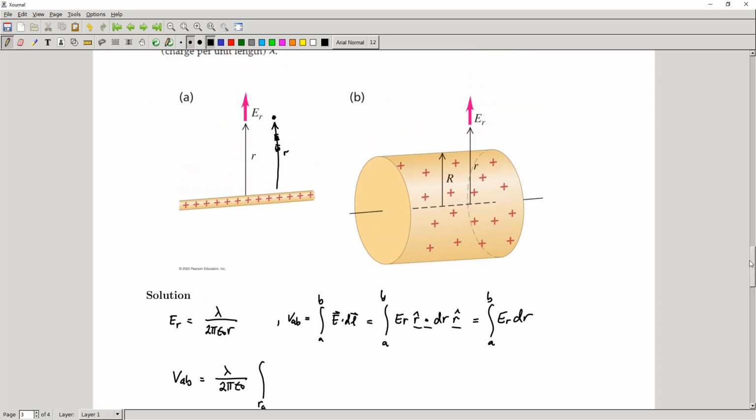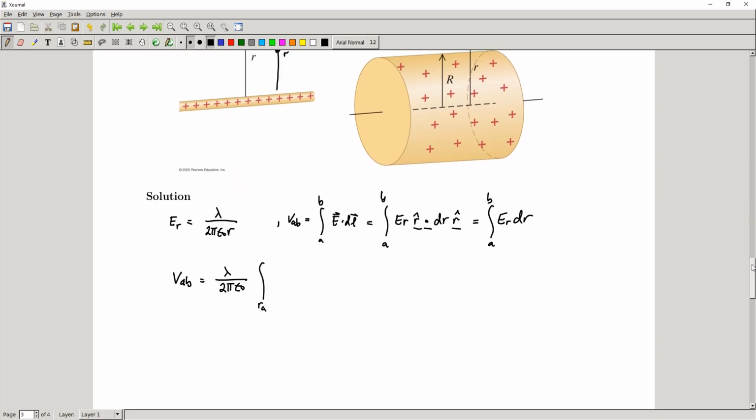Let's say we're interested in this point here, which we call A, and our point B is some point far out here, which we call B. So we're integrating from r_a to r_b. We call the vector pointing from the rod to point A r_a, and the one pointing to point B r_b. So we integrate from r_a to r_b dr over r, where the r comes from the r we had before, and the dr is our dl turned into a dr.